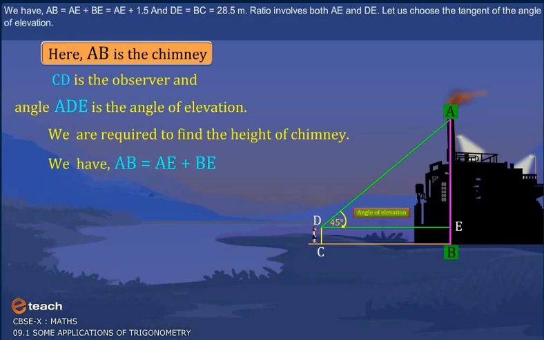We have AB is equal to AE plus BE, that is AE plus 1.5, and DE is equal to BC is equal to 28.5 meters. The ratio involves both AE and DE. Let us choose the tangent of the angle of elevation.